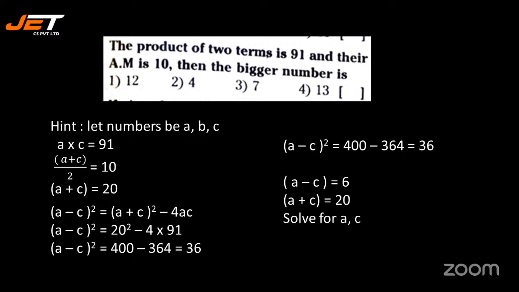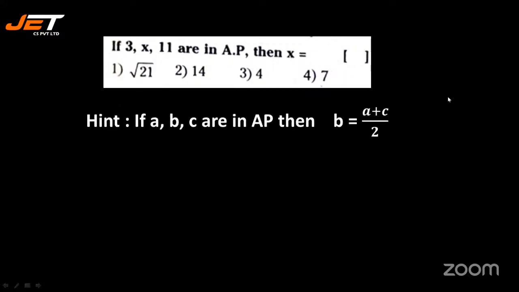Therefore, solve for A and C. Just a second. Right? So, just solve for A and C. Whereby you get A is 13, C as 7. Therefore, the bigger number is 13. All right? Yes. With another one sum, we'll try to finish off today's class.